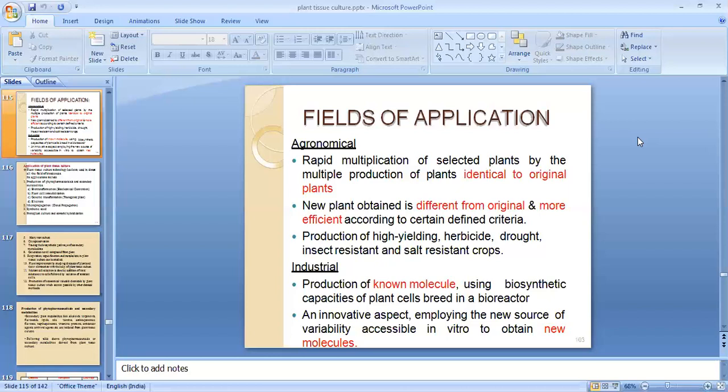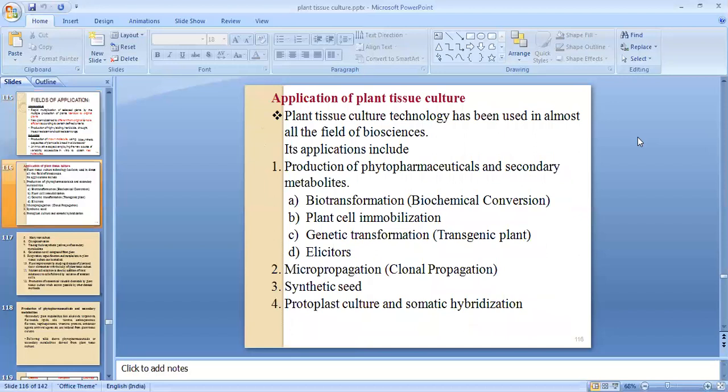And in the industrial area, it can also find its application in innovative aspects, by employing the new source of variability accessible in vitro to obtain new molecules. So very crudely, in two different ways the plant tissue culture is useful. And now we will see the specific applications of this plant tissue culture method.